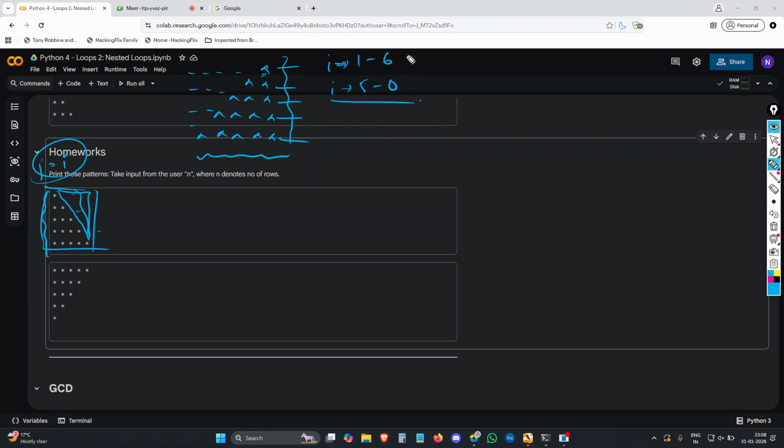If I do either of these, there will be 5 rows, correct? 1 to 6 will give me the values 1, 2, 3, 4, and 5. And 5 to 0 will also give me 5, 4, 3, 2, 1. That is not an issue. However, I can use it anyway, but how this will come into play, we'll have to think about it.